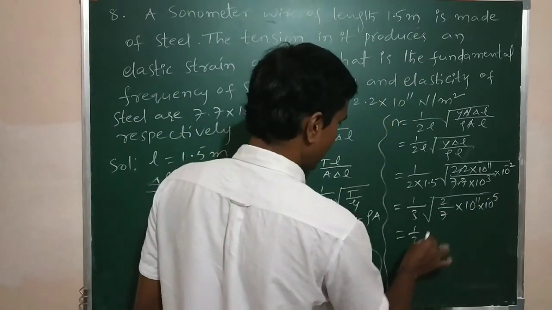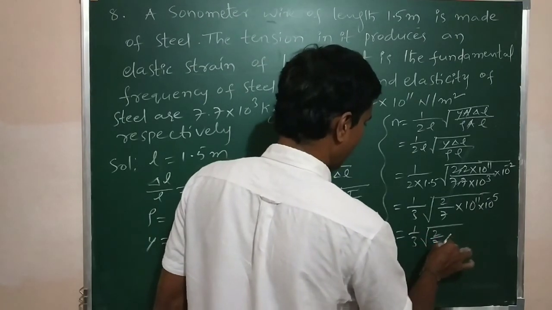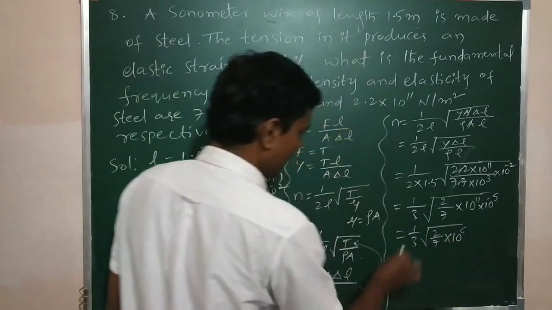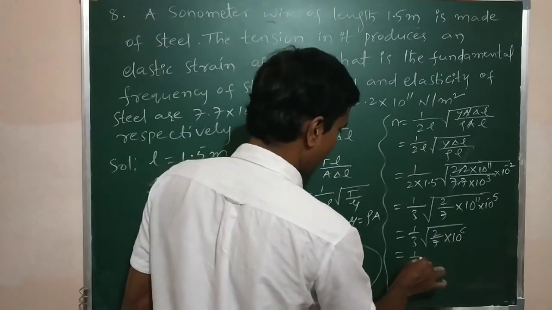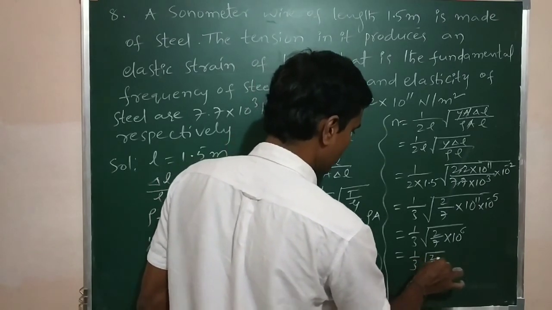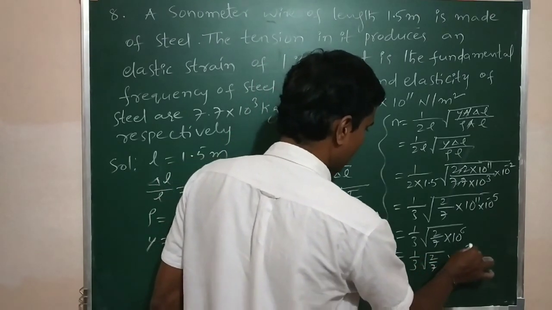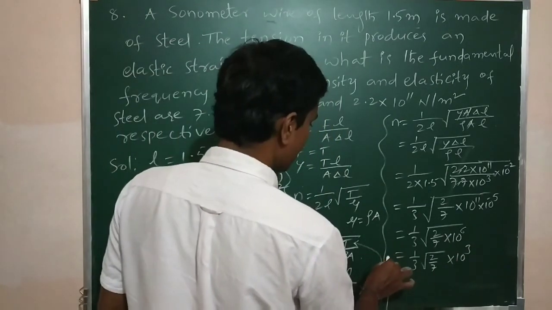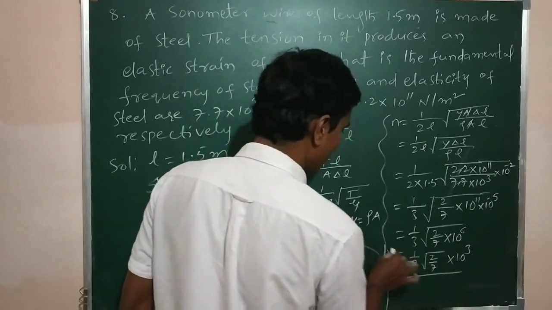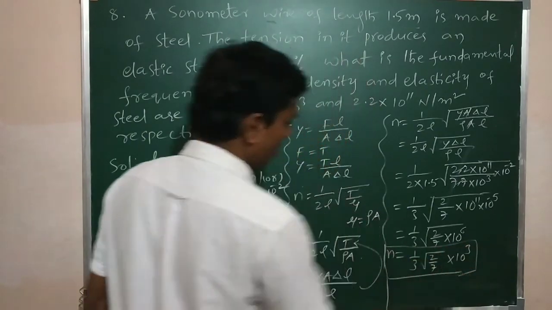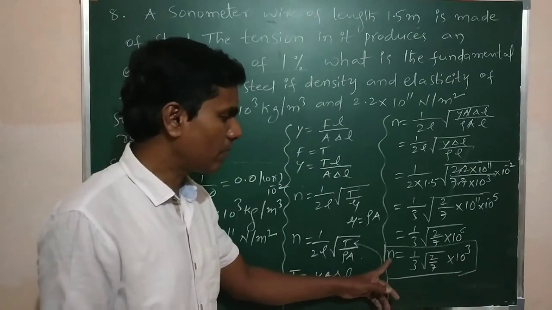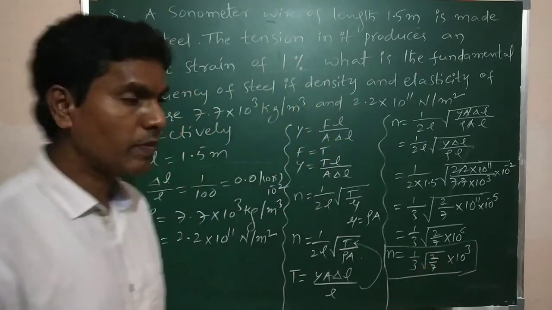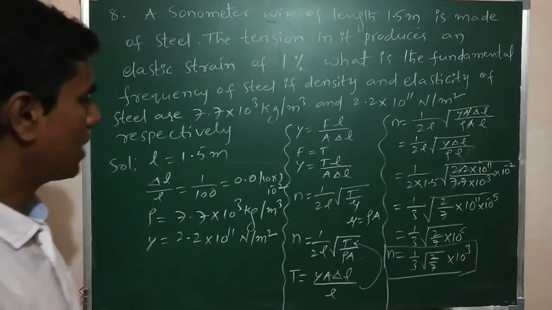Finally that is equal to 1 by 3 root 2 by 7 into 10 to the power of 6, so 1 by 3 root 2 by 7 into 10 cube. So this is the answer, the fundamental frequency. If you want to calculate the total, you can calculate it, no problem. The fundamental frequency is 1 by 3 root 2 by 7 into 10 cube hertz.